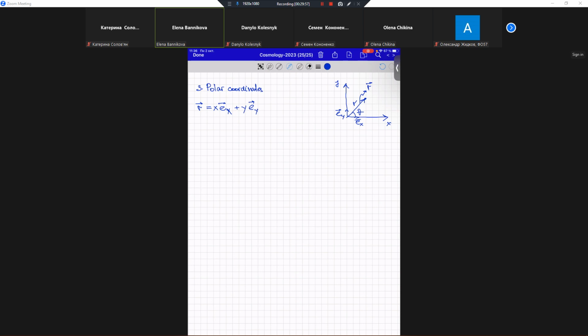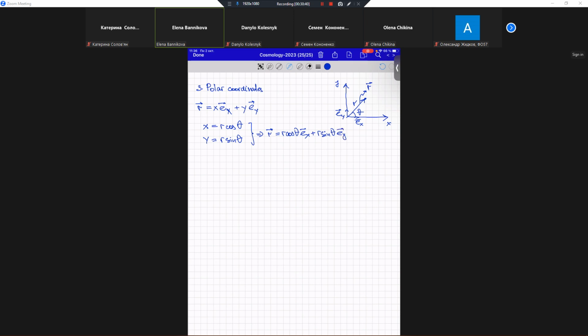And we have a transformation from one reference system to another. Our coordinates change like this, which you know very well: x is r cosinus theta, y is r sinus theta. From this, I can represent vector r as r cosinus theta ex plus r sinus theta ey.